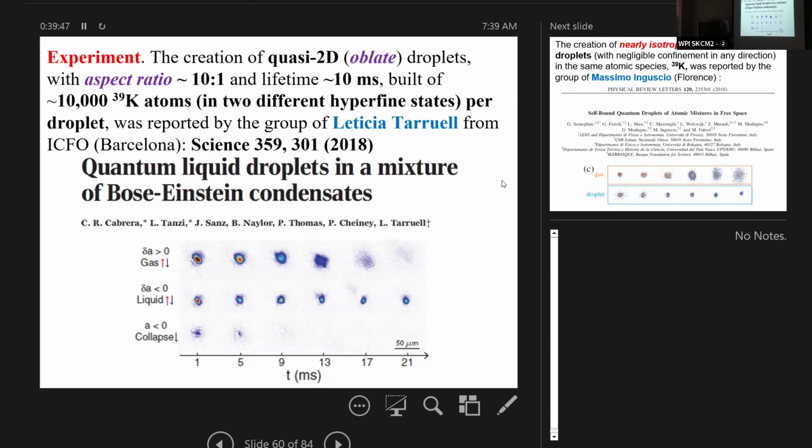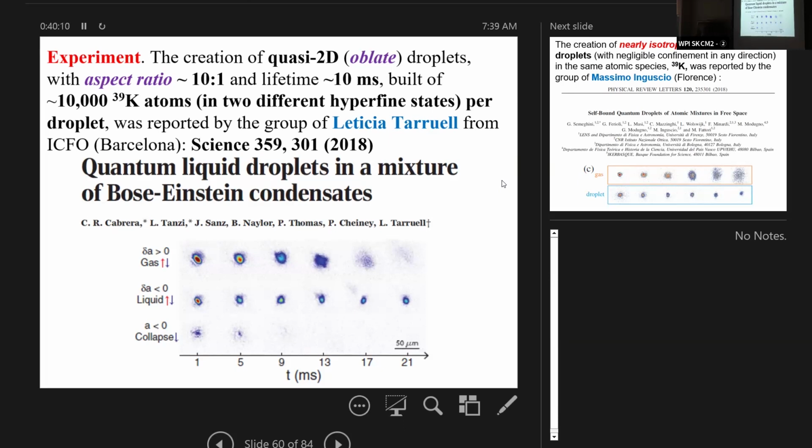Actually, this quantum droplet is not truly 3-dimensional. It's quasi 2-dimensional, because this experiment was performed in such a way that in one direction, the localization was not intrinsic, it was imposed by the external trap potential because of some peculiarities of this experiment.